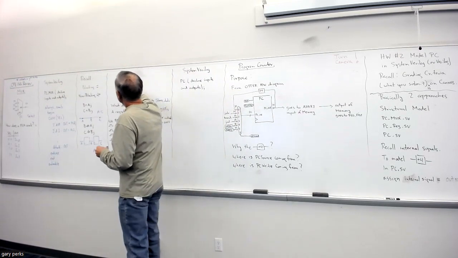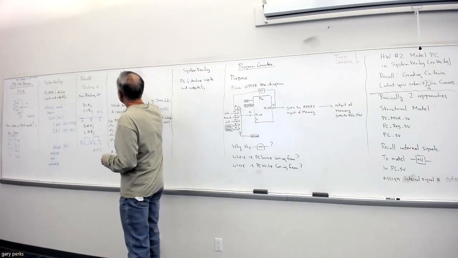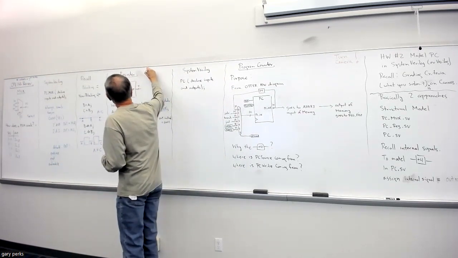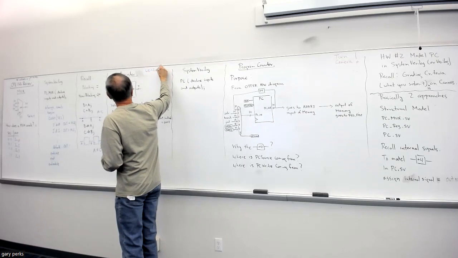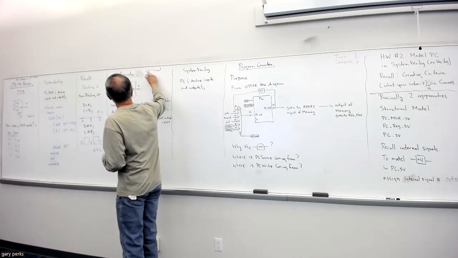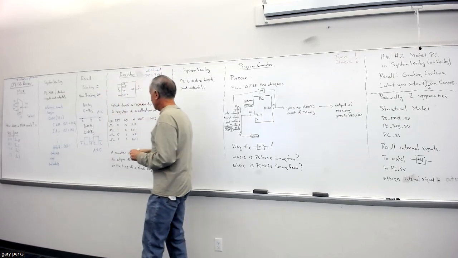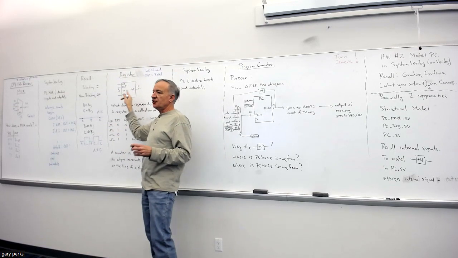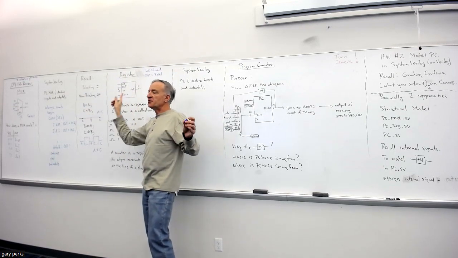Now, your typical register is going to have a load input. LD stands for load. What does RST stand for? Reset. And then you have your in, and then you have an out, as you see here. And again, in your designs, you're going to be more descriptive than what I'm being here, right?